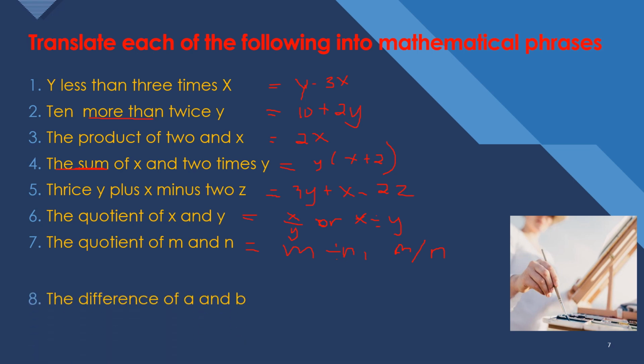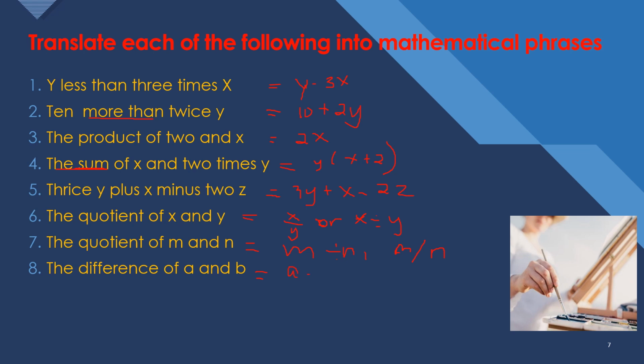Okay? Next, the difference of a and b. Okay, so we have here a minus b. 5 less than x. Okay, so we have x minus 5. And then 8 increased by x. So you have 8 plus x.